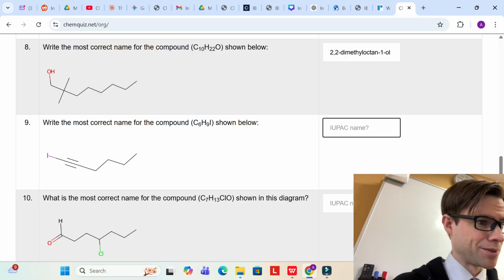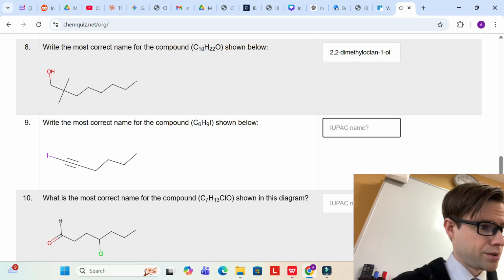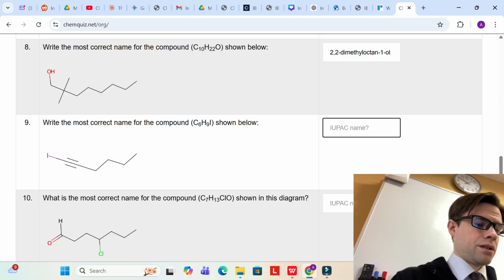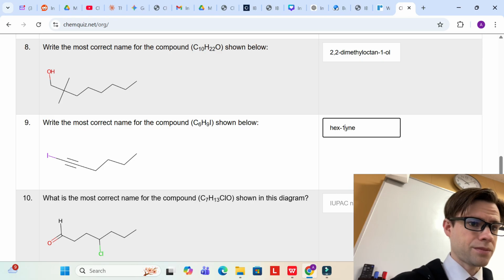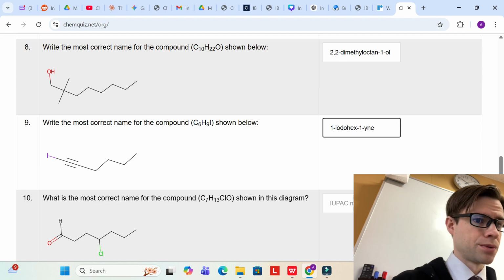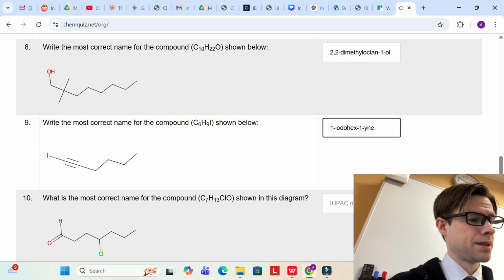It's still 6 carbons in this formula, C6H9I. 1, 2, 3, 4, 5, 6. So hex-1-yne, for the triple bond, and then also 1-iodo prefix. 1-iodohex-1-yne.